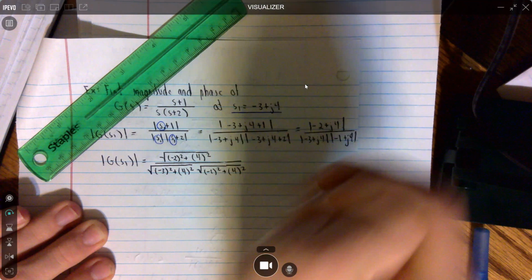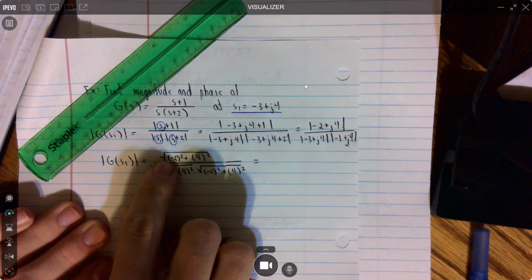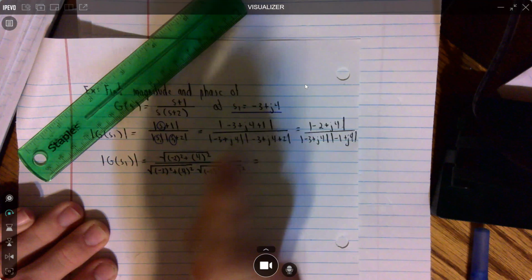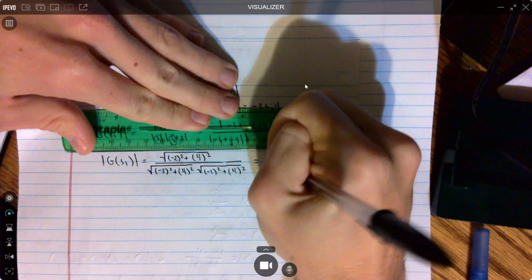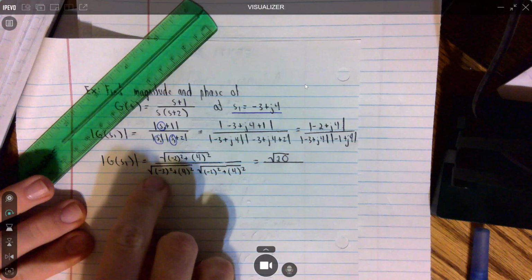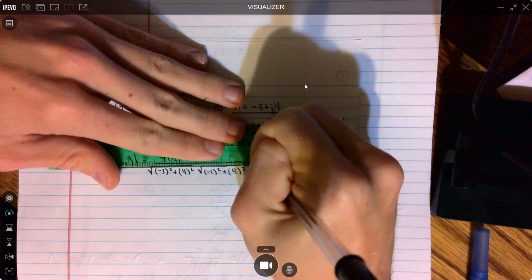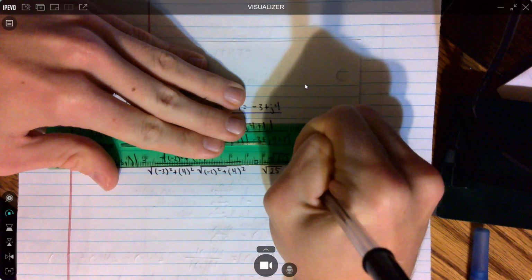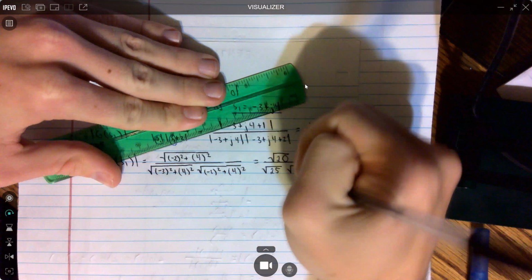Okay, so when we evaluate this, what we're going to get is the square root of 4 plus 16, which is square root of 20, all over the square root of 9 plus 16, which is square root of 25, and then the square root of 1 plus 16, so that'd be square root of 17.